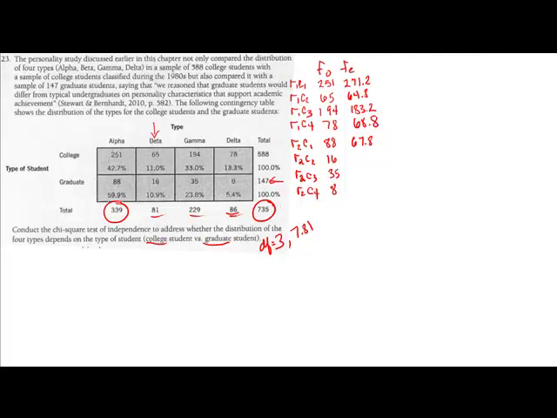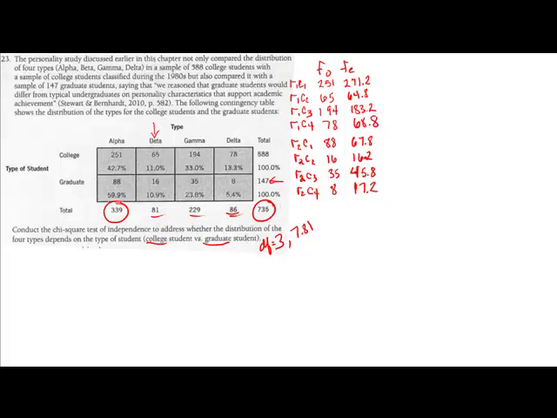Okay, 147 times 81 divided by 735 gives me 16.2. 229 times 147 divided by 735, and last but not least, row 2's total times column 4's total divided by the n.